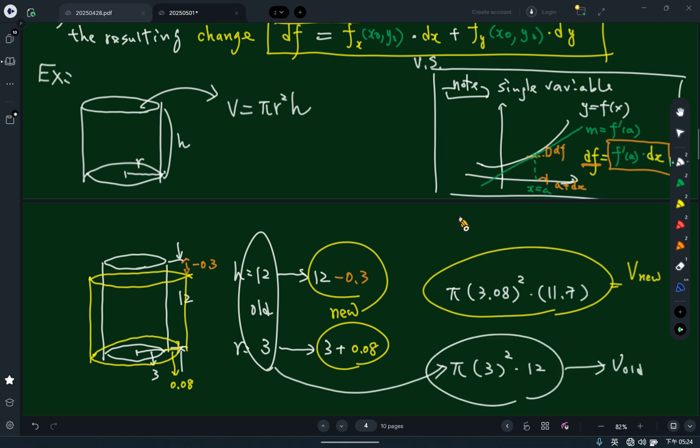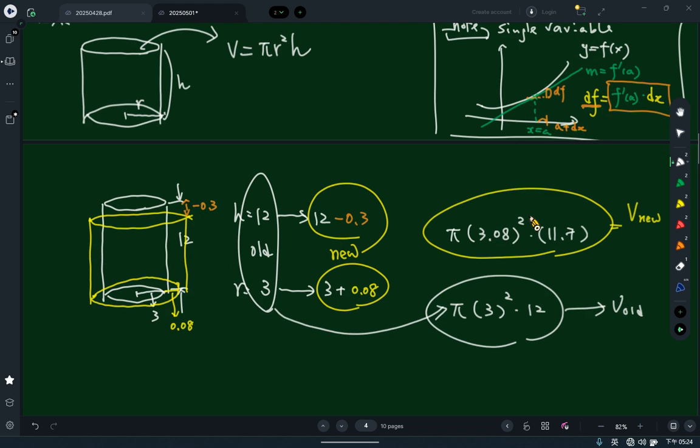If you want to calculate the difference, you can easily get it from V new minus V old. This is a very traditional way to know the difference between the new can and the old can. You can simply use this one to calculate, right?